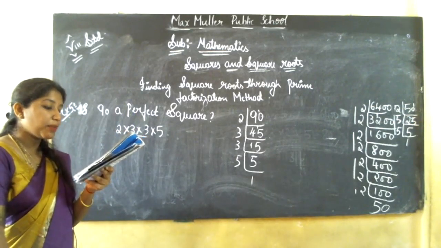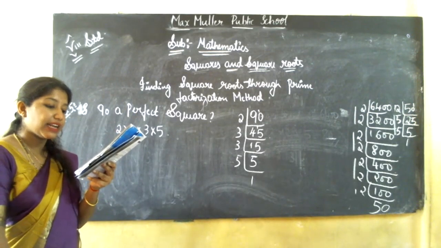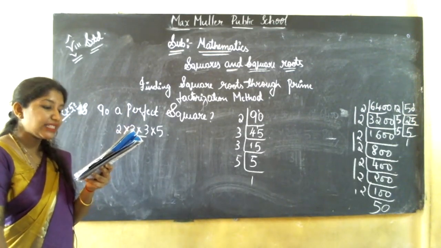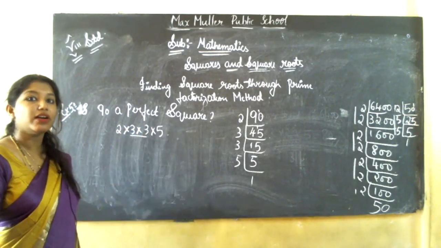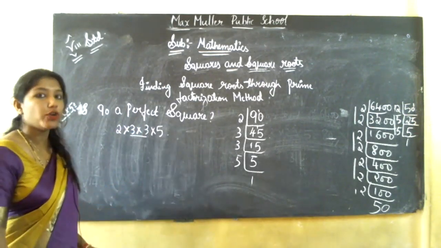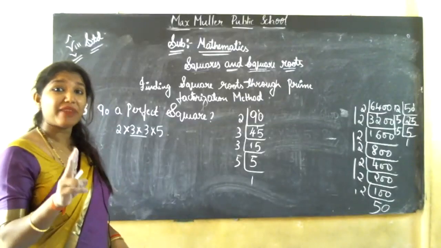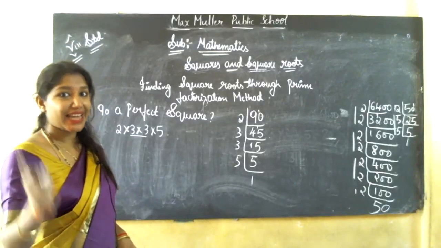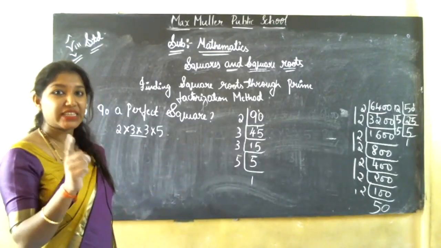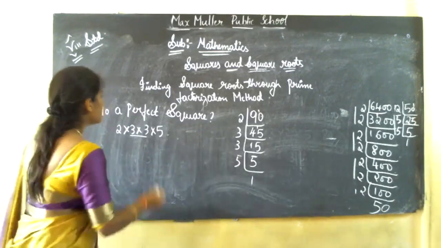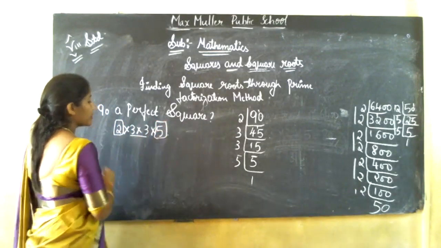That 90 is not a perfect square can also be seen from the fact that it has only 1 zero. From that also you can conclude, as I told you, square numbers should have an even number of zeros at the end. But here only 1 zero is there, and there are no pairs for 2 and 5.